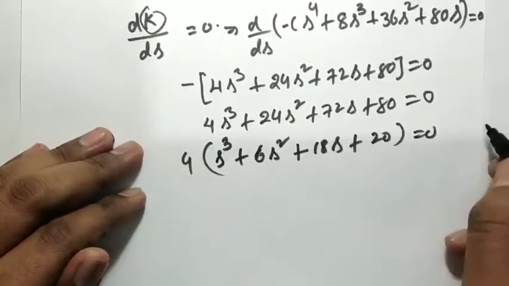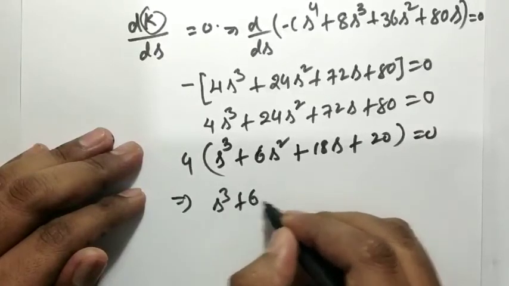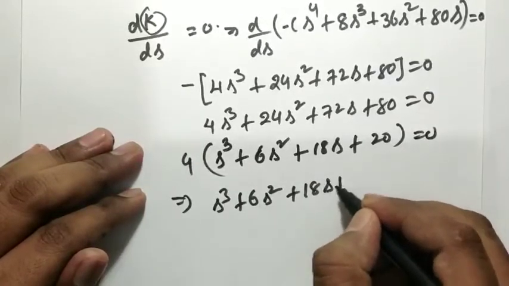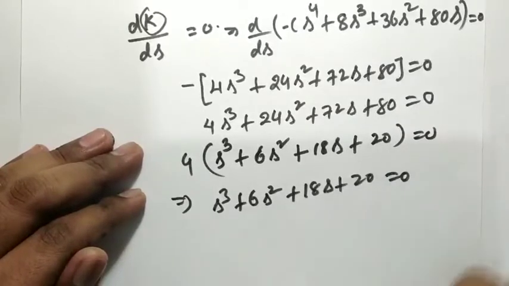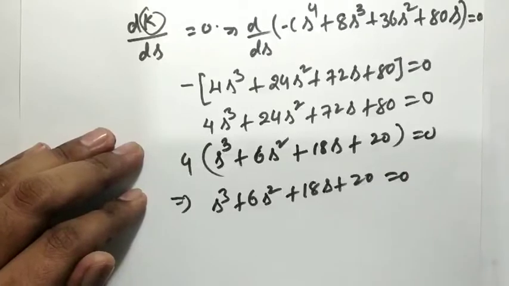You send that side, so you will get s cube plus 6 s square plus 18s plus 20 is equal to 0, right?